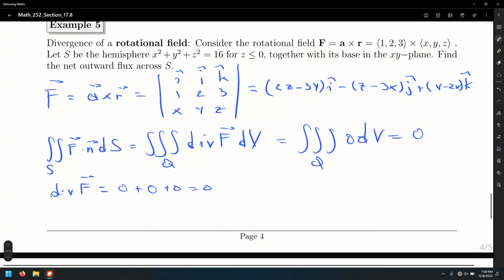Because we have a rotational field. So what this force is doing is just rotating, which is pretty much the opposite of doing some flux, right? Think of, for example, a chef preparing a sauce in a saucepan. He adds ingredients, olive oil, garlic, white wine, and then he starts stirring, and all the ingredients just start circulating.